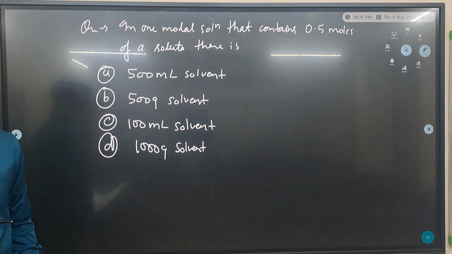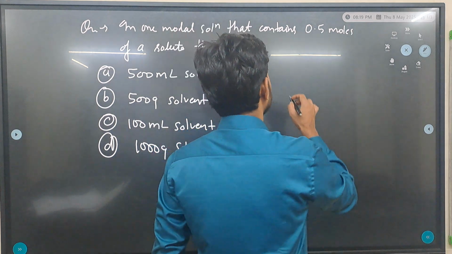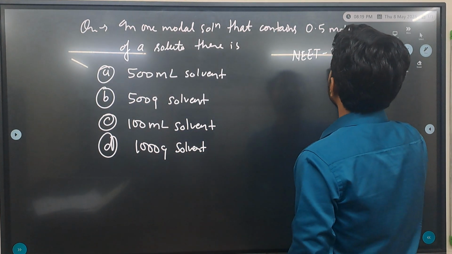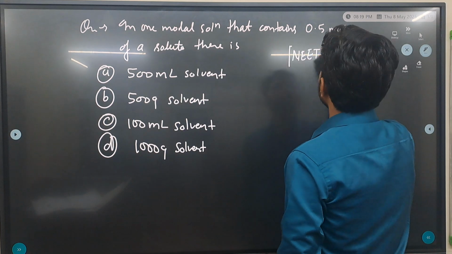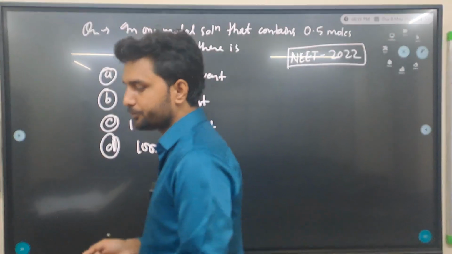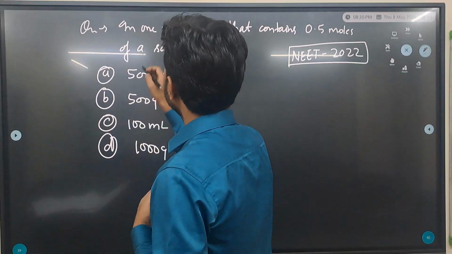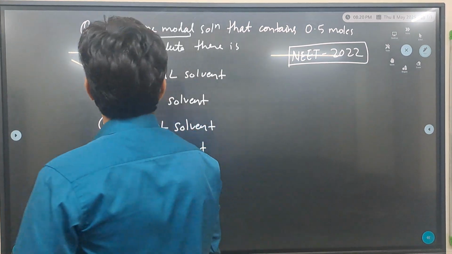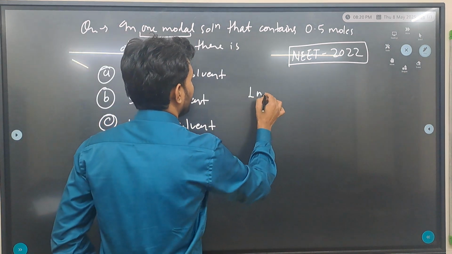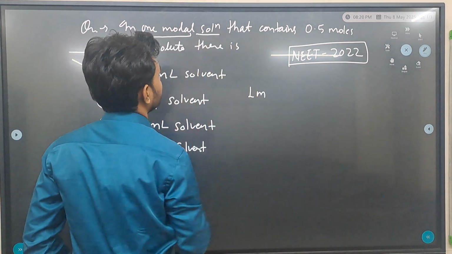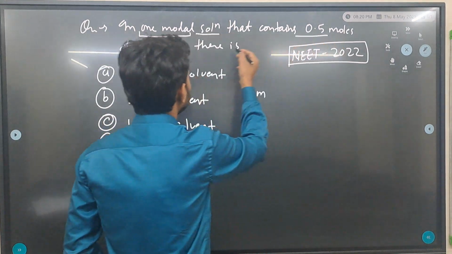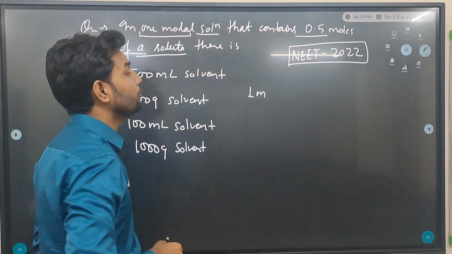This question has been asked in NEET 2022. Okay, so given: 1 molal means 1 m. A 1 molal solution contains 0.5 moles of solute.